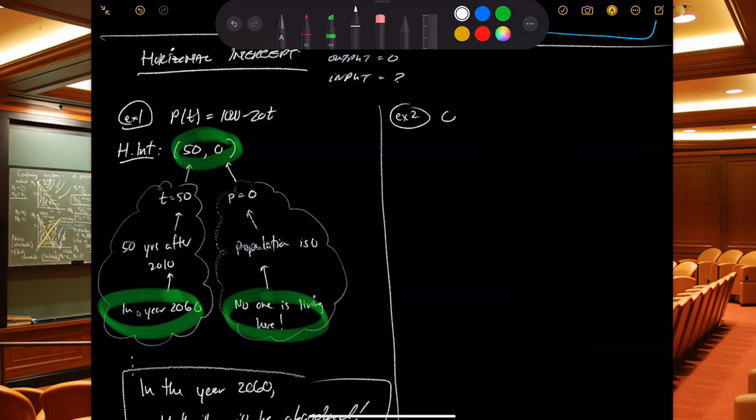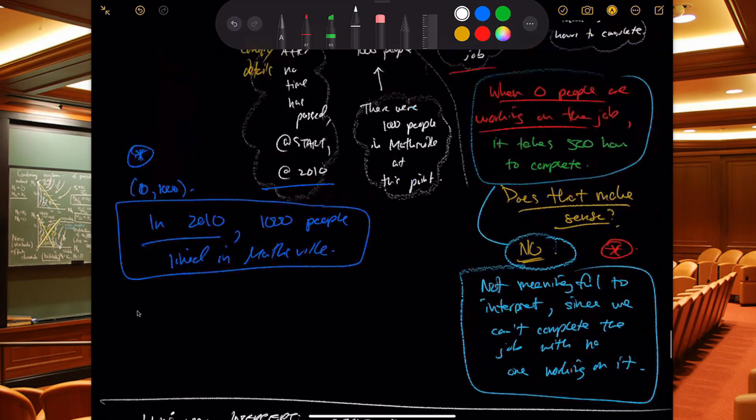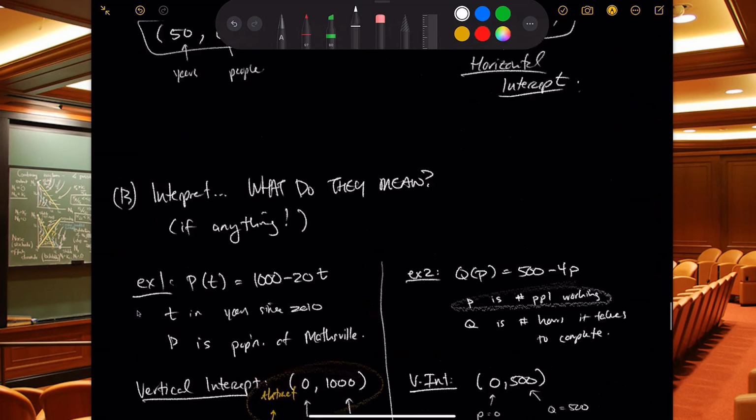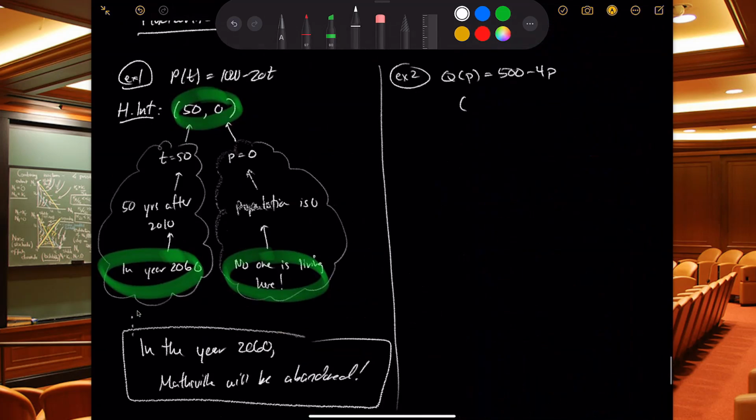And for example 2, let's see if this means anything in this context. So it was 500 minus 4p, and we had the horizontal intercept of, what was it? That's vertical, 125.0. So what does this mean? P equals 125, Q equals 0.